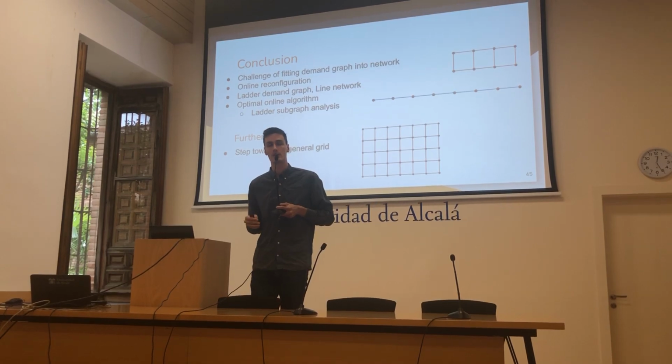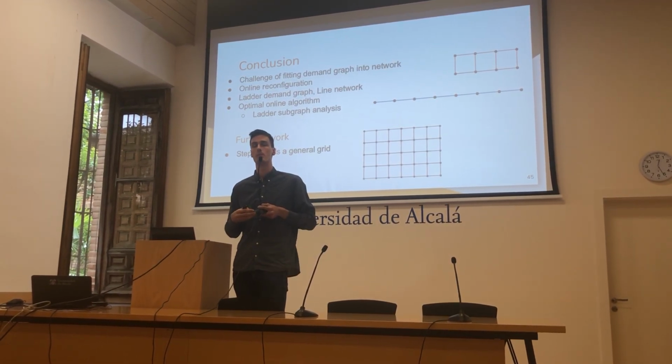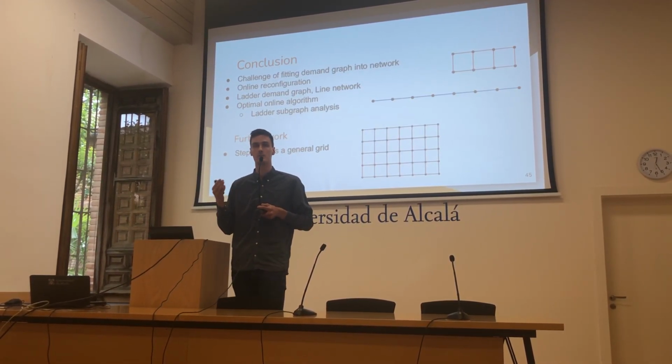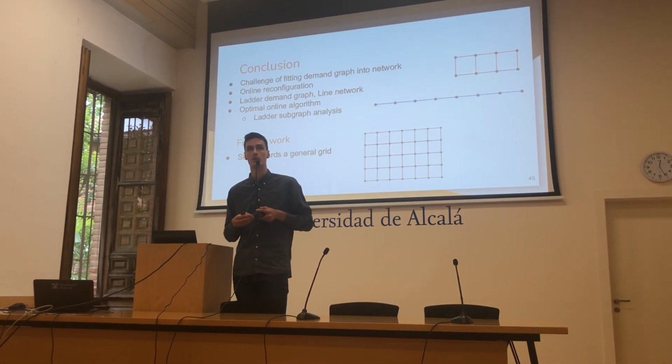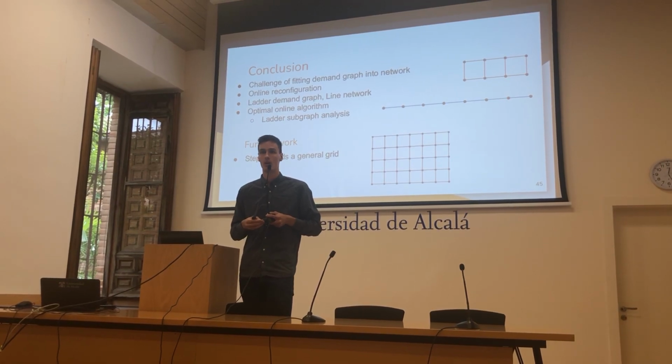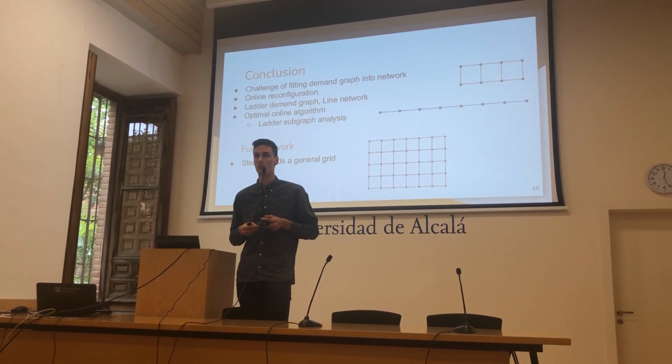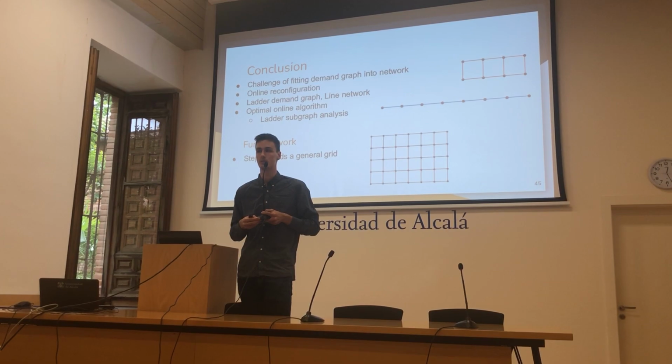And I would like to emphasize that this is a step to the general case of n times n grid. So that's a good start, but there are lots of things to be done in this area. Thank you for listening, and I will be happy to answer your questions.